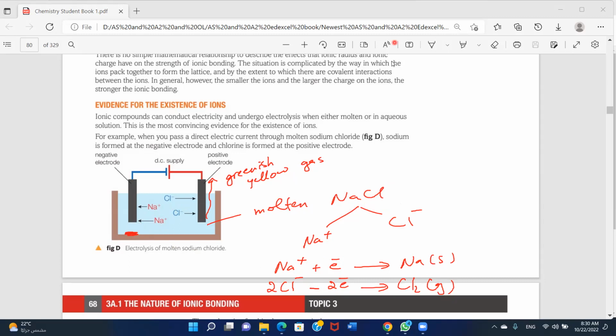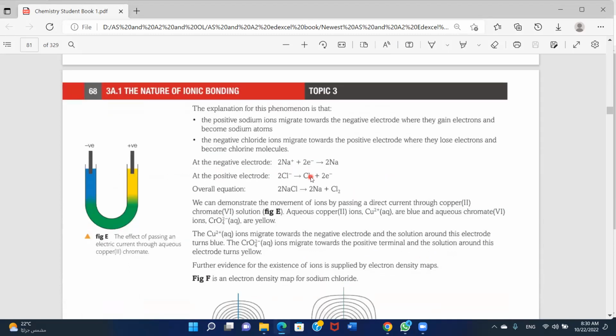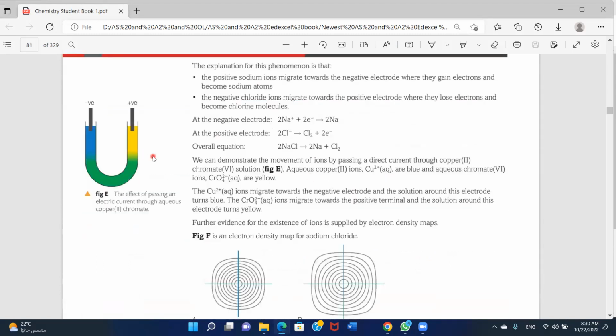Another evidence, which came 2 times in exams, they brought this in the exams. If we start with copper chromate, this is the copper 2 chromate. We place copper chromate, which is green in color, in a U-tube. It should not always be a U-tube, but this will show us the colors more clearly.